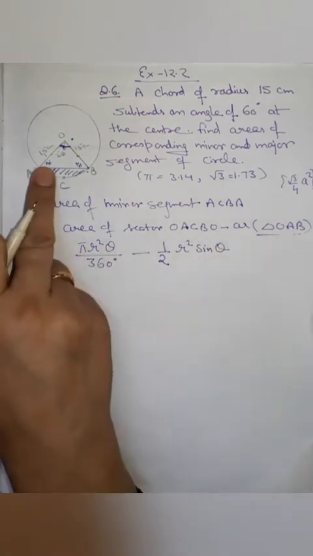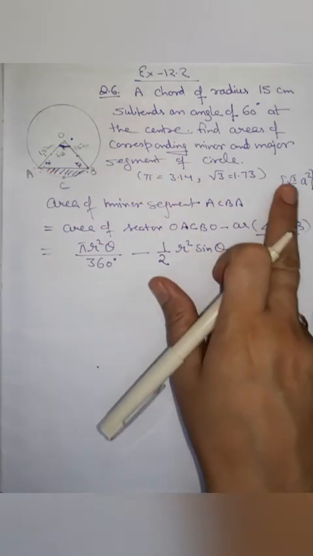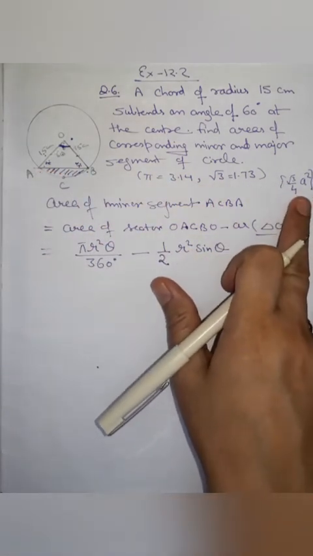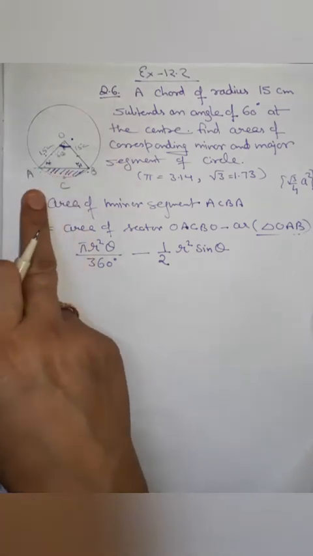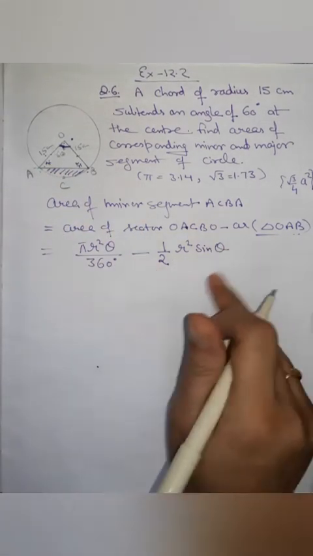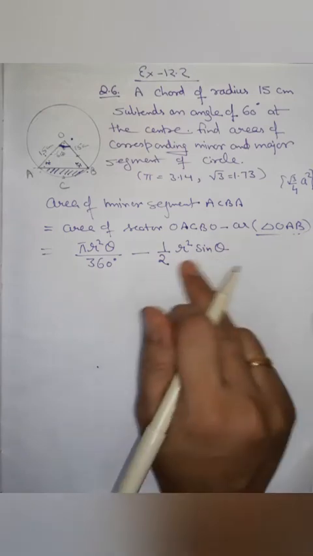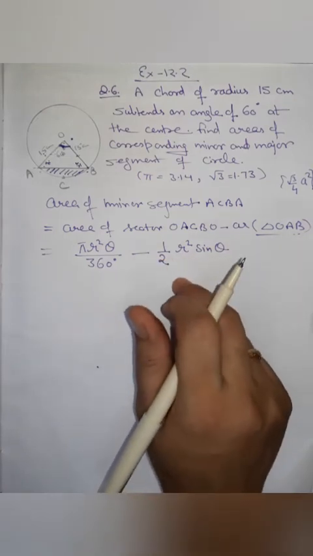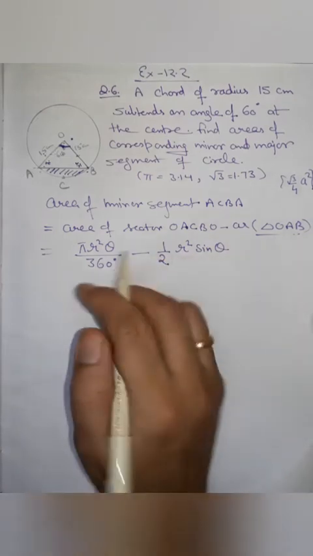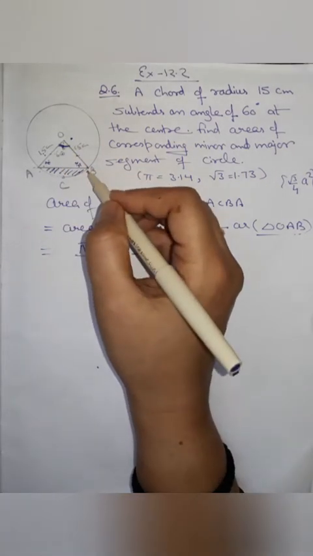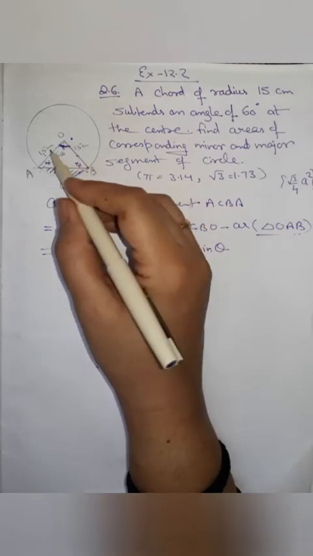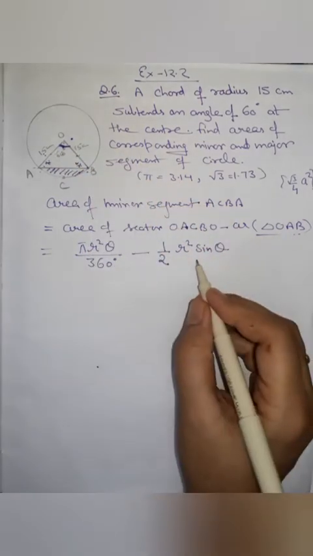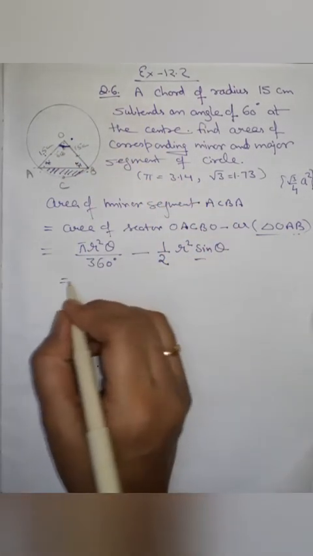If you know it is an equilateral triangle, you can apply the formula root 3 upon 4 a square, but even then you can apply this formula also. This formula is for all types of triangles where two sides of the triangle are equal to the radius. Now we know sine theta, put the value of theta.